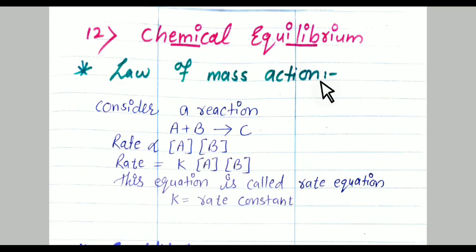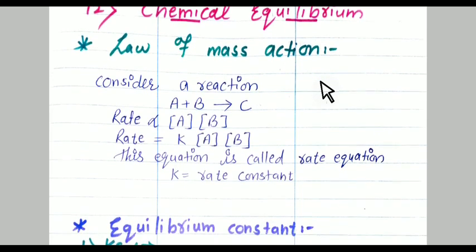Always remember, the law of mass action depends on the reactant only. It does not concern the product. Means in the law of mass action we are using only reactant, and we are using the concentration of reactant.